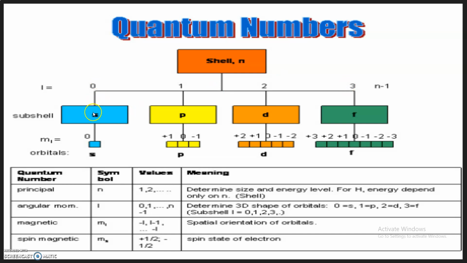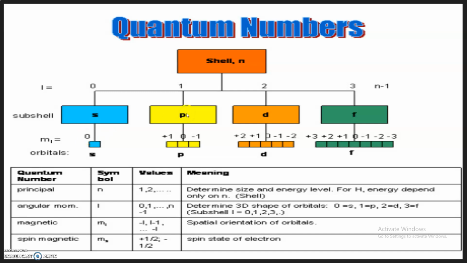Now these are the subshells for this. For 0 it is S, for 1 it is P, for the second azimuthal quantum number it will be D, and for the third it will be F. And these are the magnetic orientations. You can see here for S, 0 magnetic quantum number.